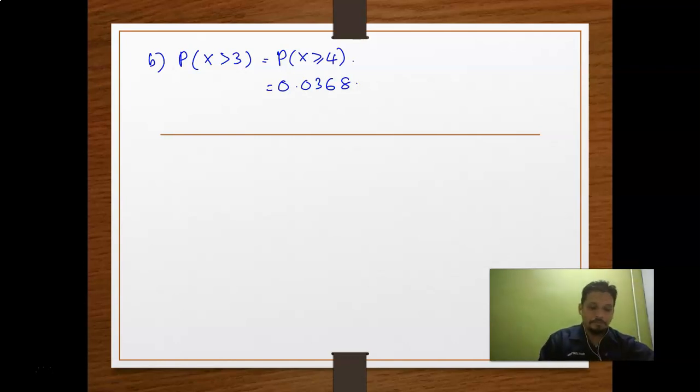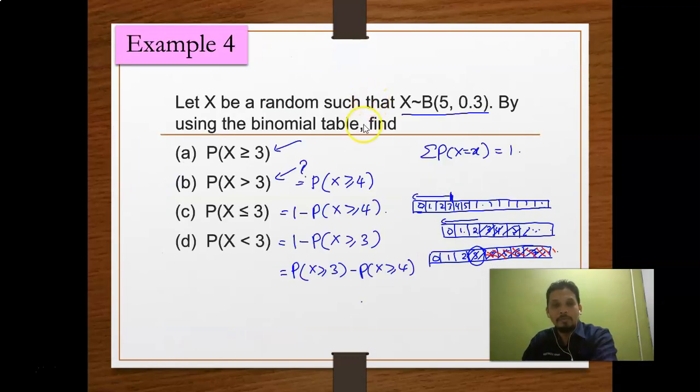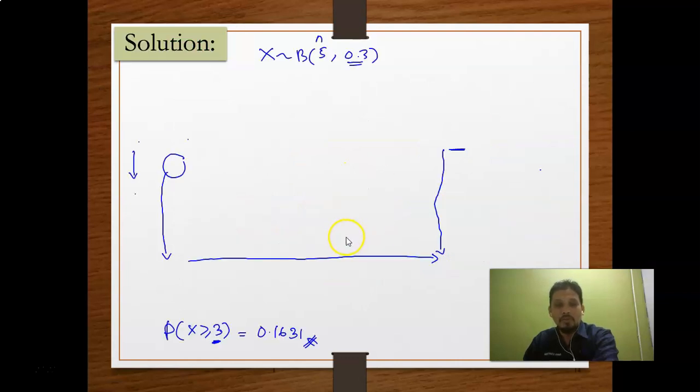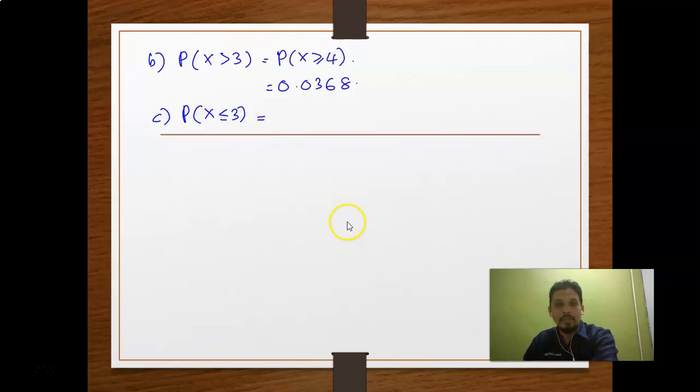Now the next question, C, the probability of x less than or equal to 3. I showed all of you this before, so you may refer to it when I discuss these questions.